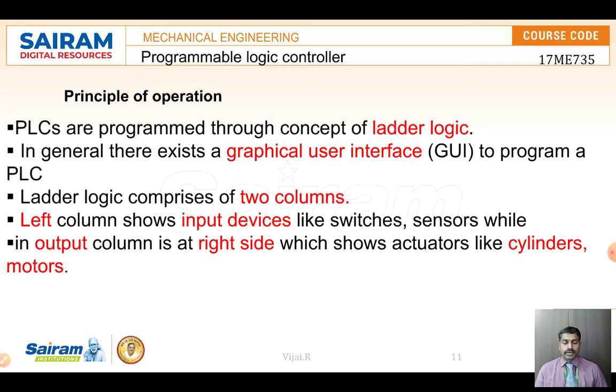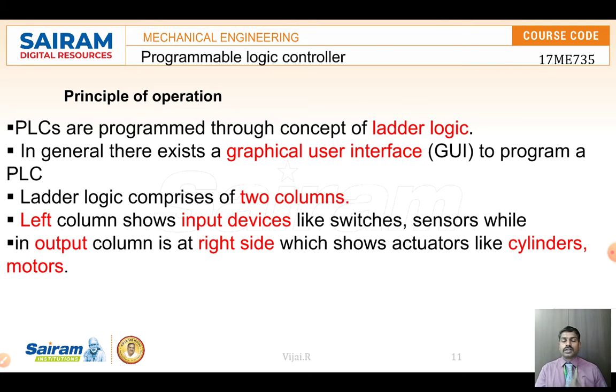According to the input, we get an output, such as motors we can connect with actuators. If the switch is on, the motor has to be on. If the switch is off, the motor has to be off. This is the interface, the input devices and output devices.